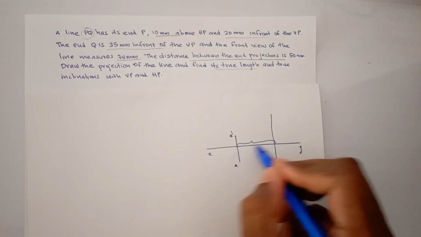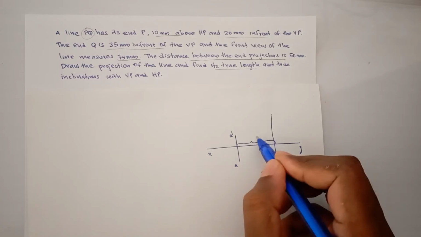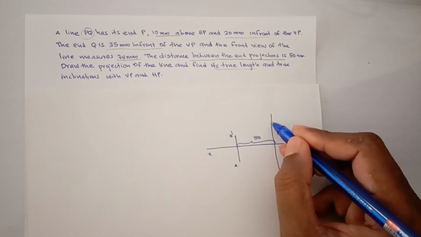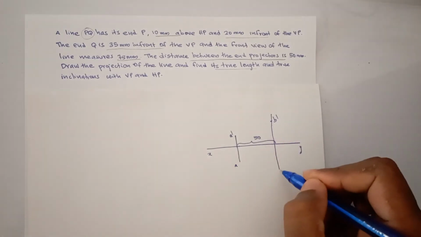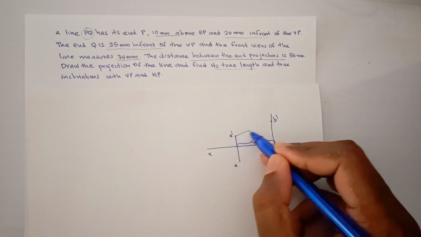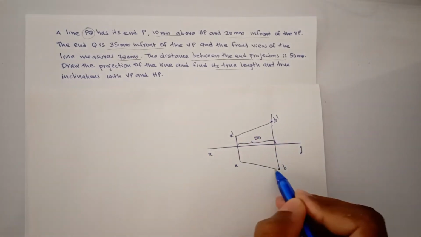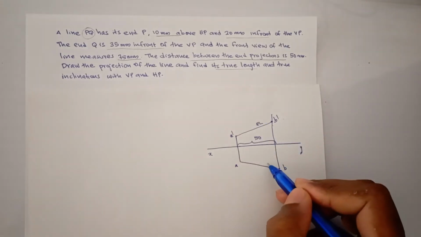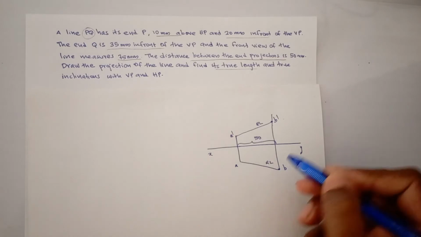The distance between the end projectors is given, this is 50, and here is your B dash, and this is your B. We are following the plane rotation method. You need to draw A dash, B dash, A, B. This is the reduced length of the front view and this is the reduced length of the top view.